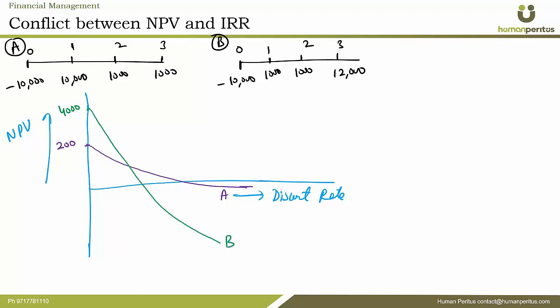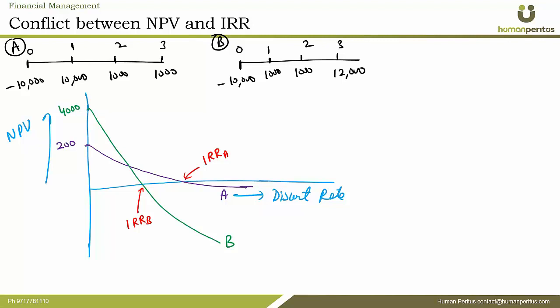So this point is, let me pick up another pen, this point is the IRR of A. And this point is the IRR of B.